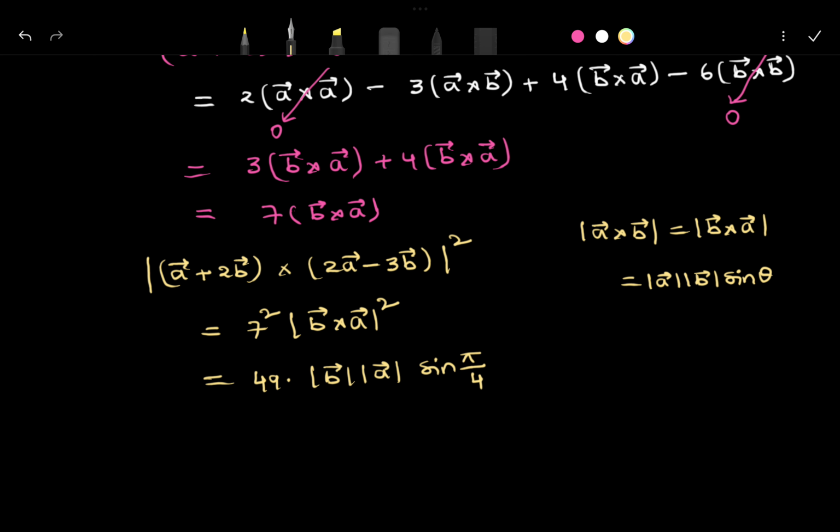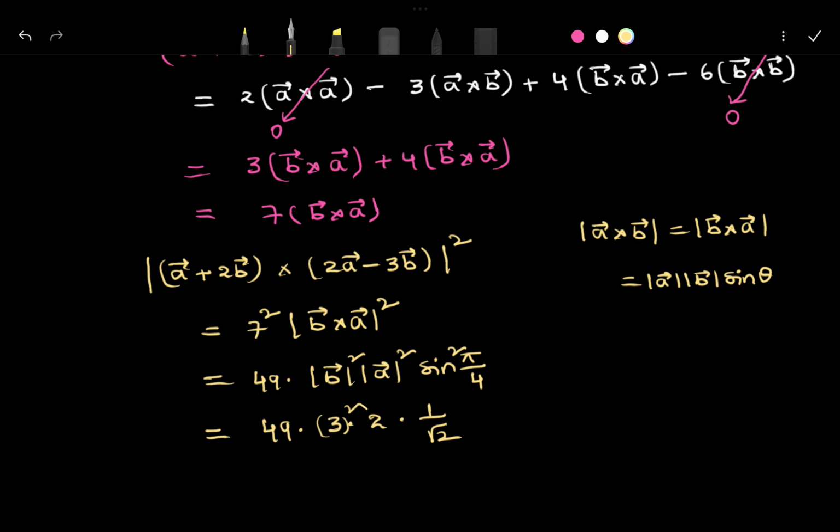So how much are the modulus of A and the modulus of B? You know, 49 into the modulus of B, which is 3, into the modulus of A, which is 2, into sine pi by 4, which is 1 by root 2. Here you forgot to write one thing: the whole square is there.